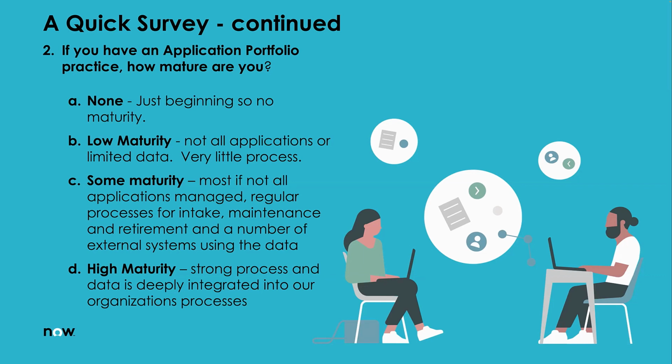Again, today we designed this workshop for people who are just beginning and low maturity. But if you're not using ServiceNow APM, it doesn't necessarily mean you're low maturity. You can have a really robust practice built on SharePoint, for example. We've seen those sorts of things.